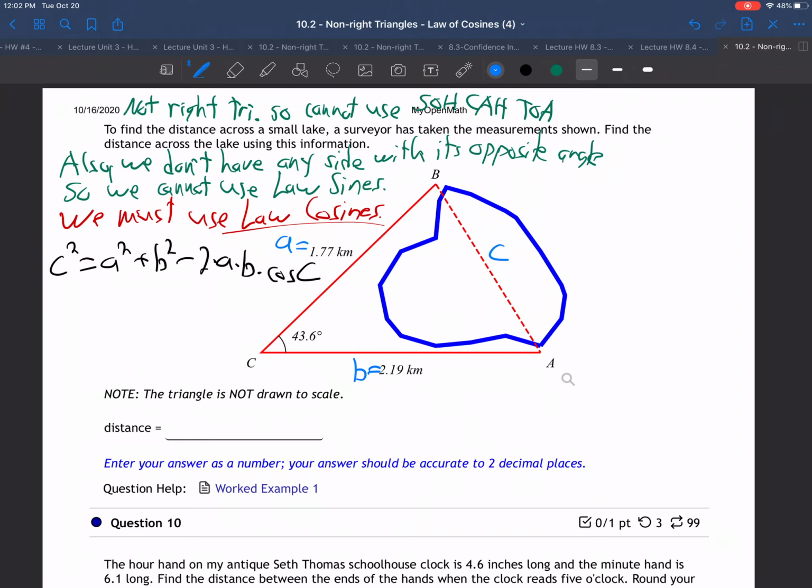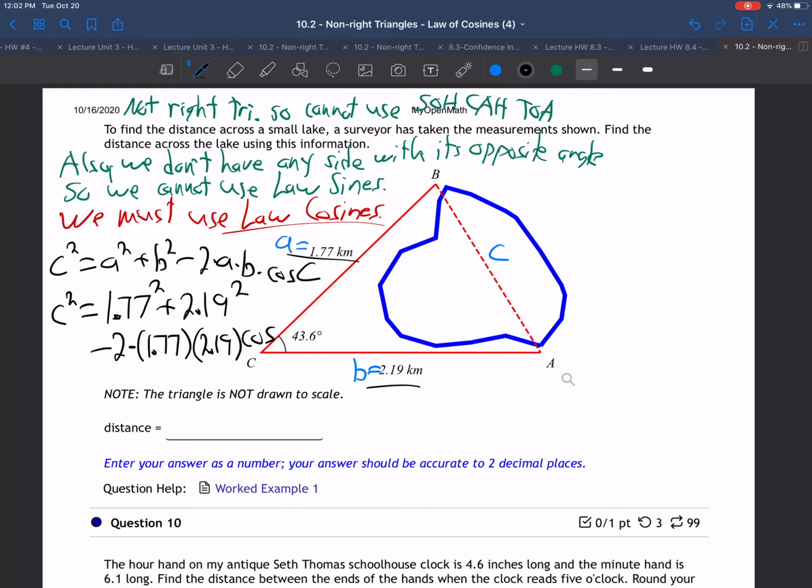So that'll be C squared, which I'm trying to find, equals A squared, which is 1.77 squared, plus B squared, 2.19 squared right there and right there, minus 2 times A, 1.77, times B, 2.19, times the cosine of angle C, which is right there, 43.6 degrees.